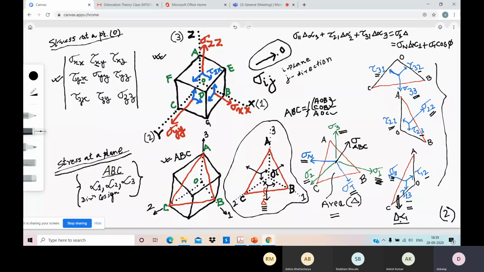So its area will be delta alpha 1. So we can write sigma 1 delta alpha 1.